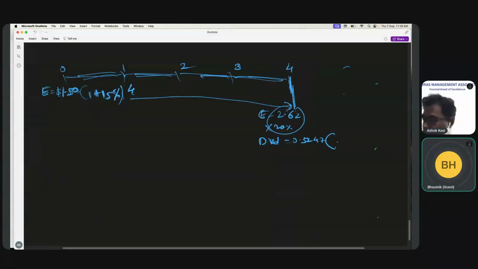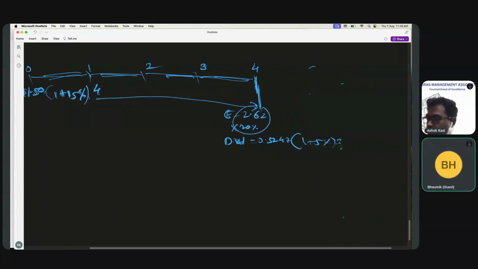So from here, 1 plus 5% gives the 5th year dividend with constant growth, 0.55.